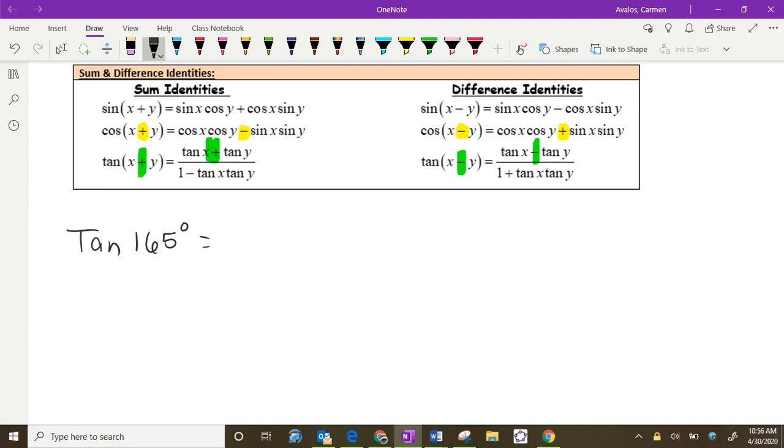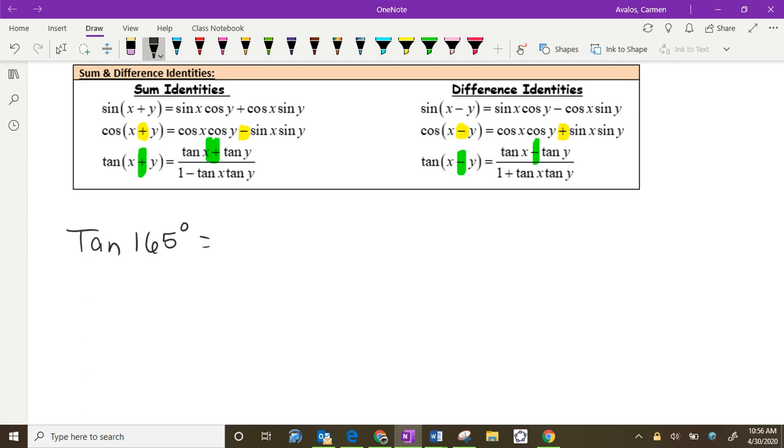When it tells you to find the exact trig function, you can't put it in your calculator and get a decimal. You're going to have to do the exact trig function. So the way you do it is by using these identities up here. You don't even need a calculator for this.